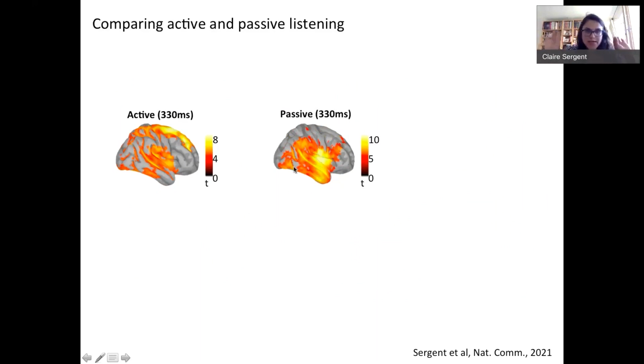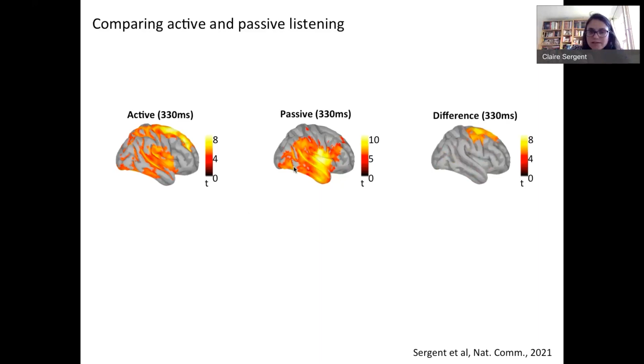Again, we must take that with a pinch of salt because this is EEG source reconstruction. But what's most interesting is the difference between the two patterns of activations, which is clearly set in motor areas and more generally executive areas. And that makes a lot of sense.